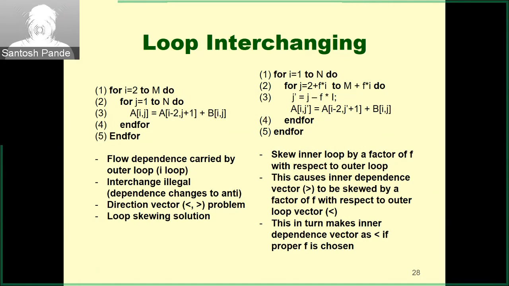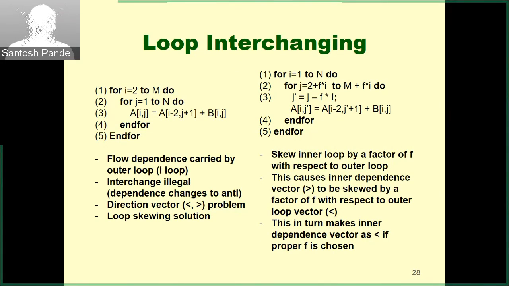That is very much possible. If you reverse it, then you can do an interchange. Then it will become a less than dependence. In the J dimension, it will now be carried properly because it's less than. So the outer loop will go from 2 to m, the inner loop will go from n down to 1, and then we can reverse it and everything will be fine.